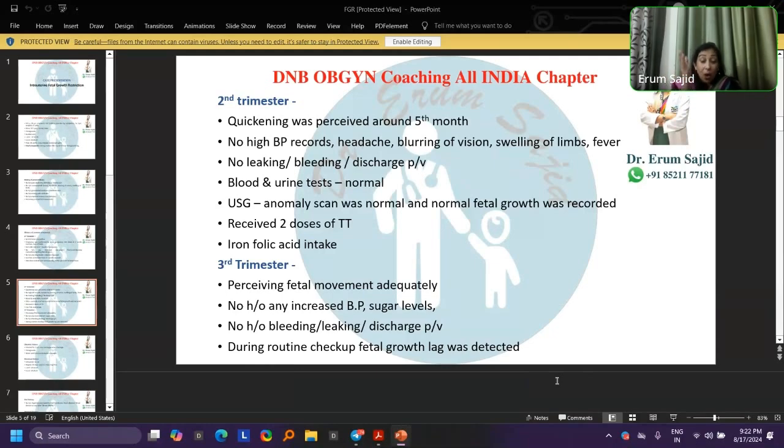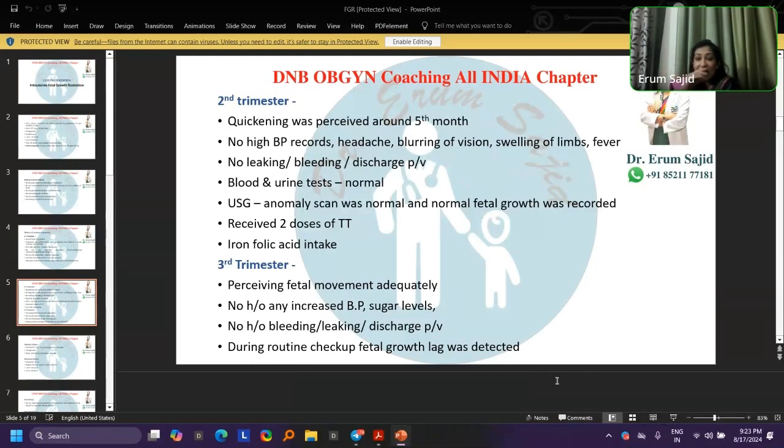Now will come your inhibin, because that is there in your high risk factors. What was the inhibin that came? She'll not be able to tell you. But if her quadruple marker was fine, that means the levels were all right. Otherwise, if the inhibin level was high, or the AFP level was high, it is a high risk factor associated with fetal growth restriction.